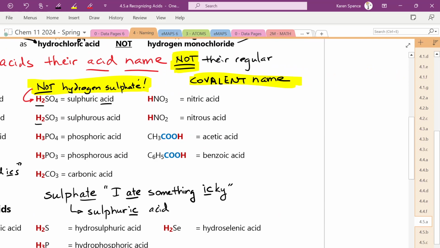And then you'll notice we also have an "ous" over here. Anyone remember the little mnemonic device for "ous" acids? My Sprite is delicious.